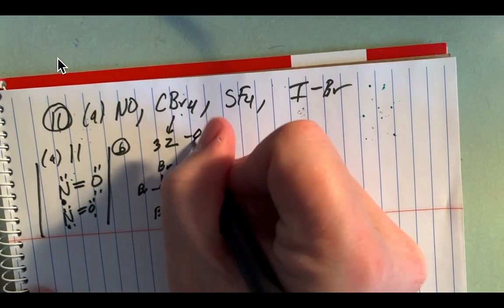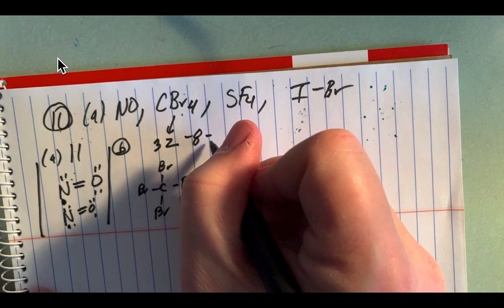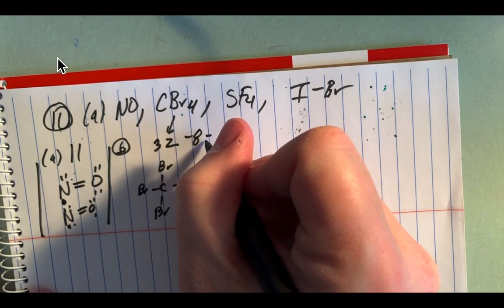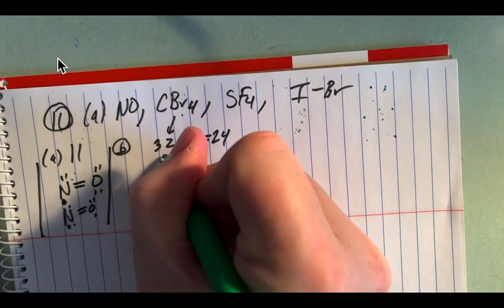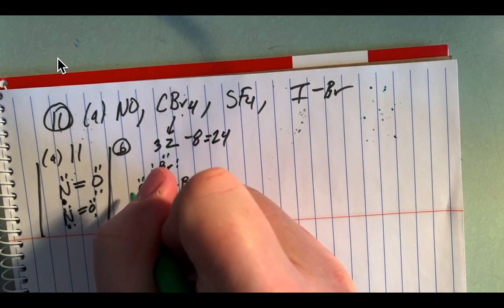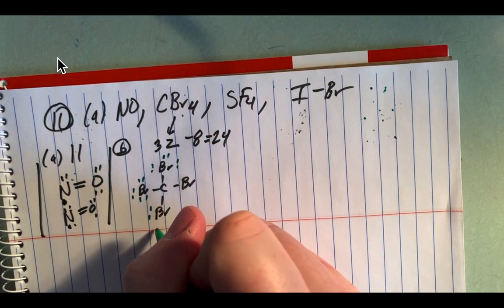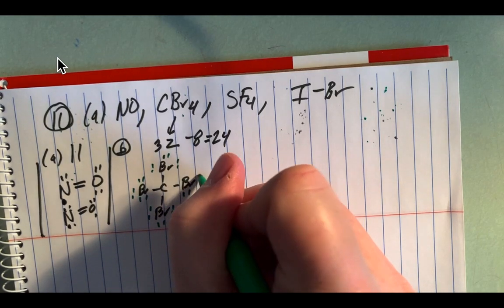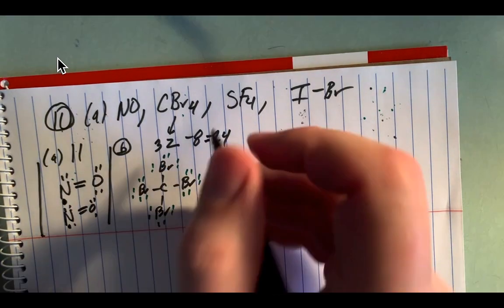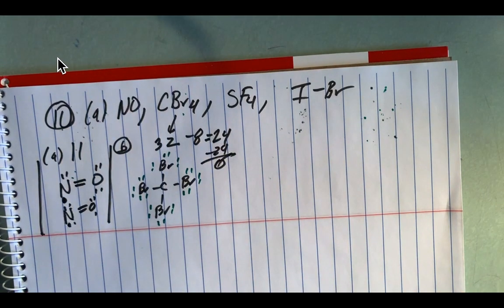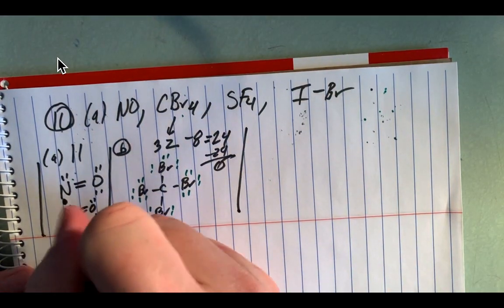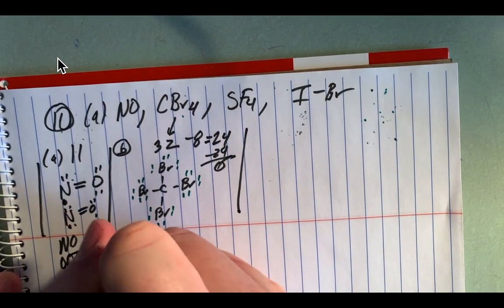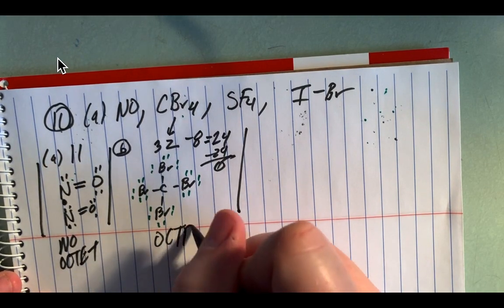I used up 8, which leaves me with 24 valence electrons. 2, 4, 6, 8, 10, 12, 14, 16, 18, 20, 22, 24. And all those atoms are happy. Carbon sees 8, all the bromine see 8. And so, whereas this first one was no octet possible, this one definitely we easily can get an octet.